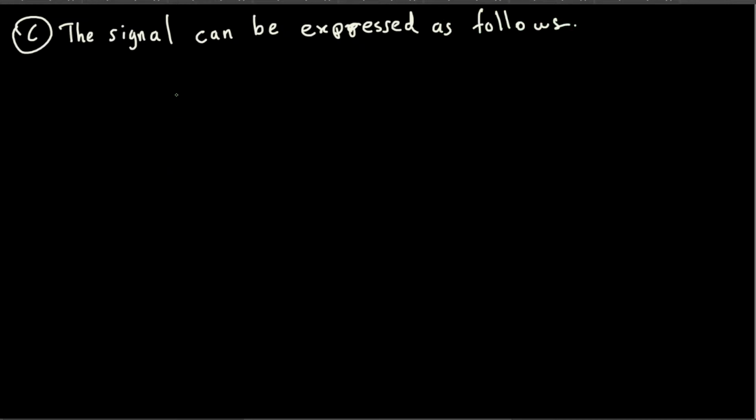So we can mention here that the signal can be expressed as follows: m3 of t is equal to g of t cos 2 pi f naught t.